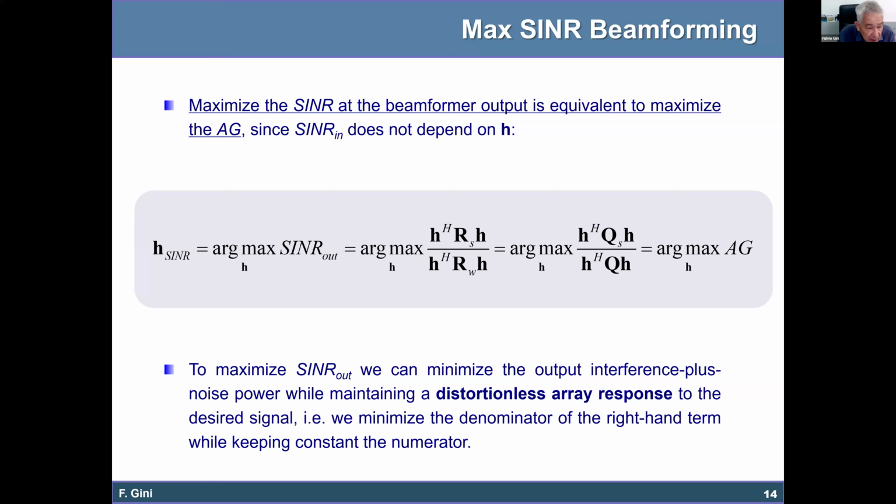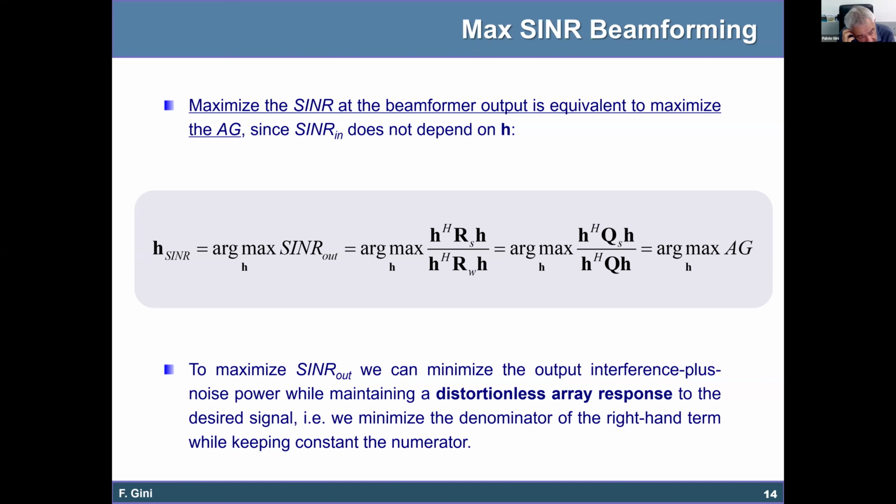And the second criterion, which is also very widely adopted for detection problems, is the maximization of the signal-to-noise ratio. In this case, the maximization at the output of the beamformer. So we want to design the beamformer that maximizes the signal-to-noise ratio after spatial filtering.